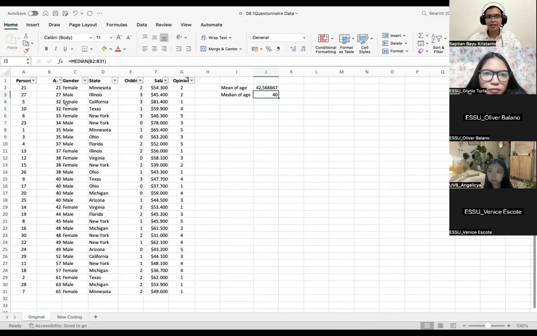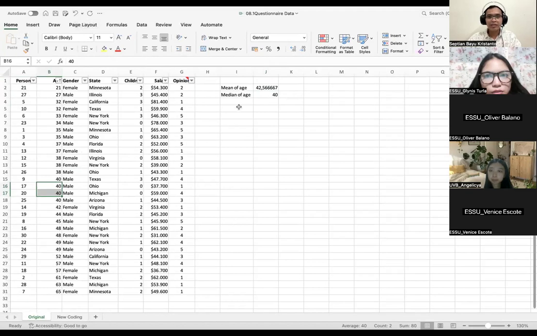If you sort your data from the minimum value to the maximum value, we can find the median at data number 15 and 16. So the median is 40, while the mean is 42 years old. So the mean and the median are different.